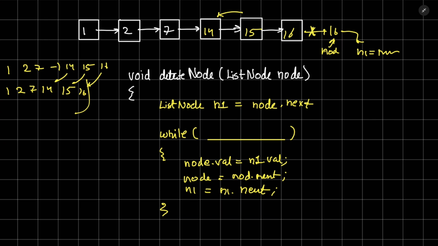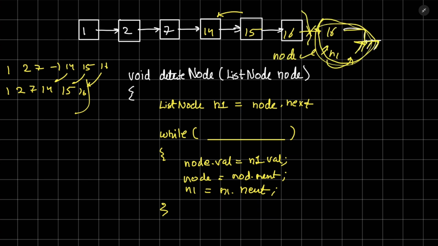So we can't go any further. Okay, so let's see again what was the situation here. The situation was that our n1 is here and node is here, and we have copied the value of this from here.